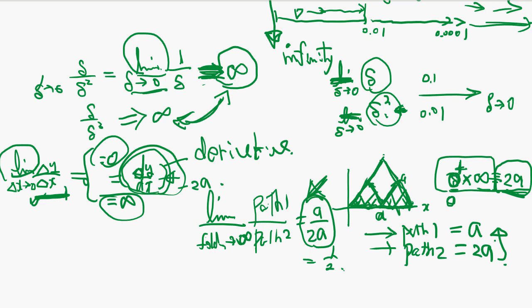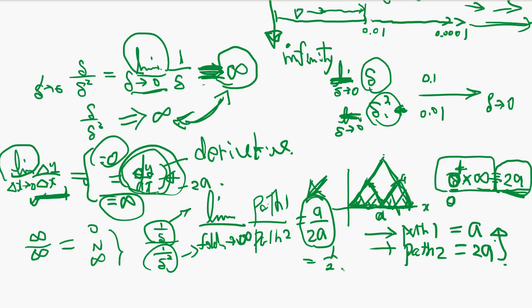So an infinitesimal number can be 0, some normal number, or infinite. For example, delta over delta square, this goes infinite, this goes infinite, infinite over infinite can be anything. And 0 times infinite can also be 0 or a normal number or infinite.